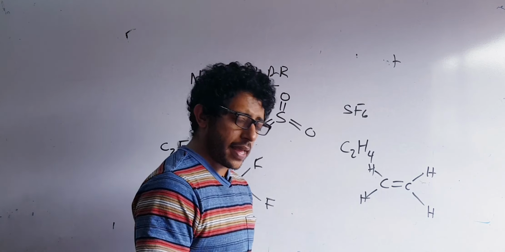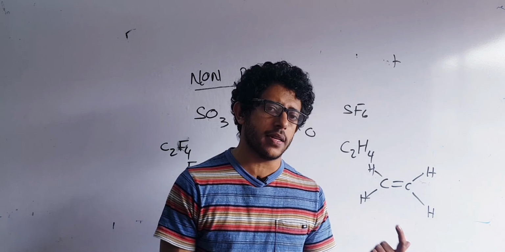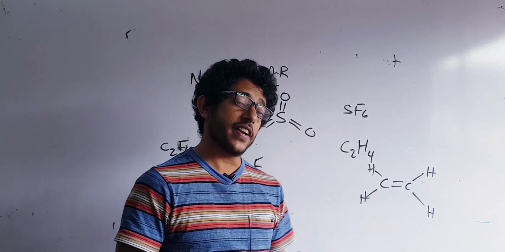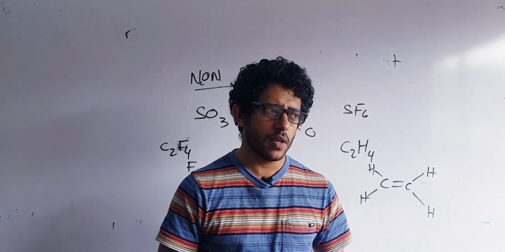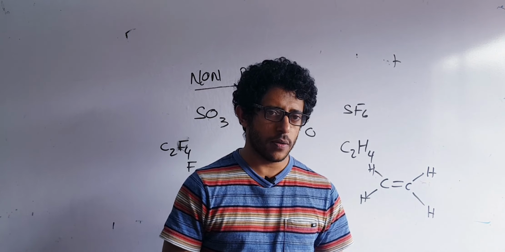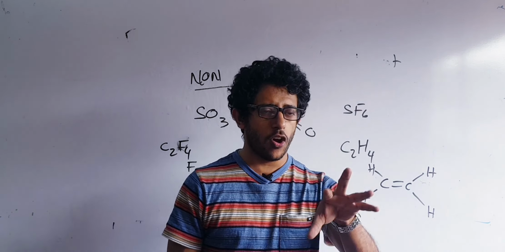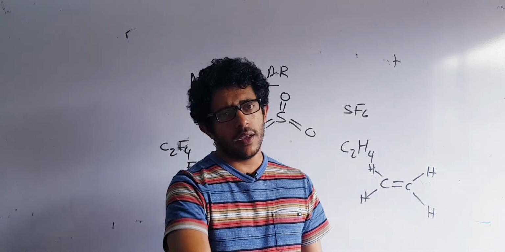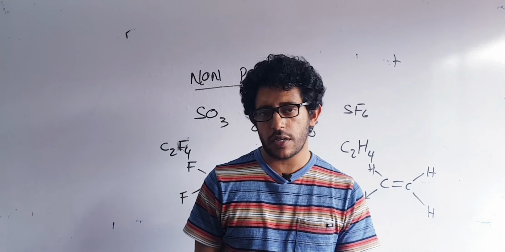So normally alkanes are 100% non-polar, and alkenes can also be non-polar if they are symmetric around the central atom. Those are the non-polar molecules: the ones which do not have a lone pair on the central atom and which have similar elements around the central atom.